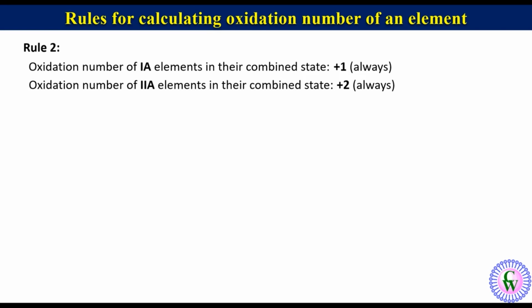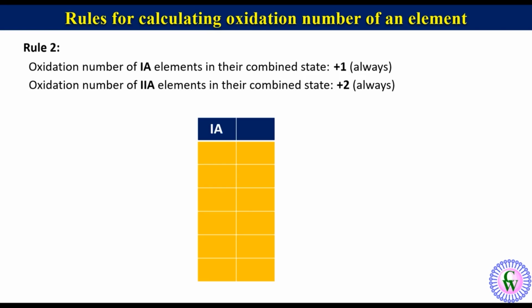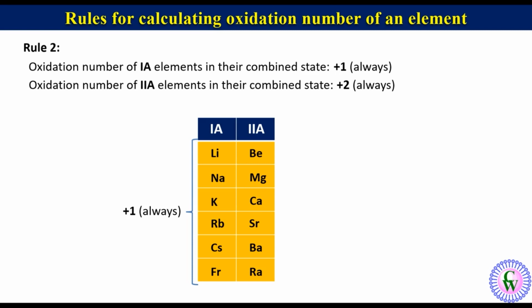We know that the elements in first A group of the periodic table are lithium, sodium, potassium, rubidium, cesium and francium. And the elements in second A group are beryllium, magnesium, calcium, strontium, barium and radium. According to the second rule, in combined state, the oxidation number of lithium to francium will always be +1, and that of beryllium to radium will be +2.